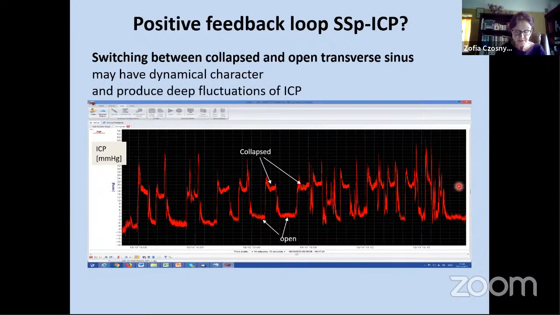Increasing ICP causes the collapse of venous outflow, which in turn causes a further increase in ICP. Collapsed sinus causes further rise in SSP, resulting in opening of the venous passage. ICP decreases again. Because of the unstable nature of this positive feedback, this collapsing and reopening was repetitive. Such a picture, however, is observed very rarely.